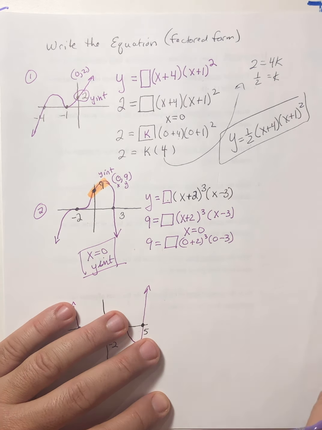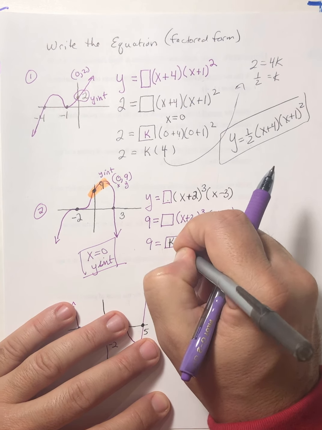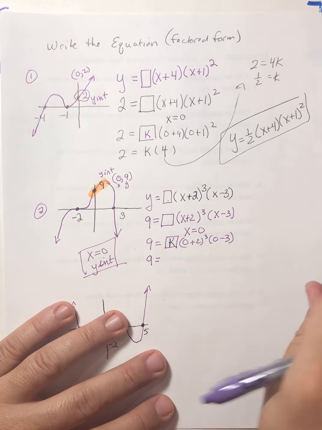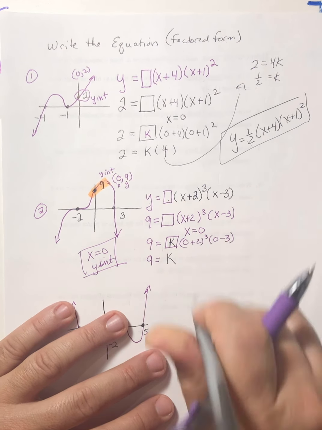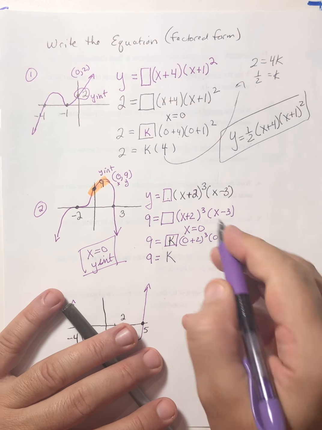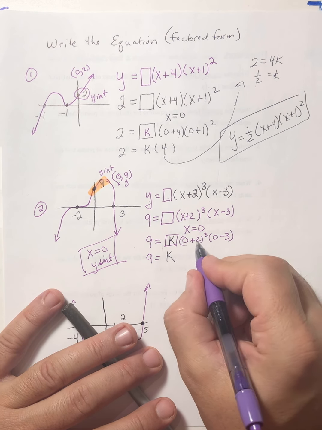Somebody's just got to clean this up. So I'm going to put a k in there for constant. And what do we have here? 2 to the third is 8 times a negative 3 is a negative 24.